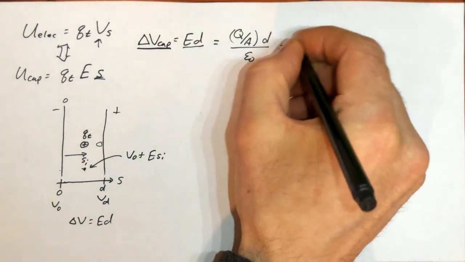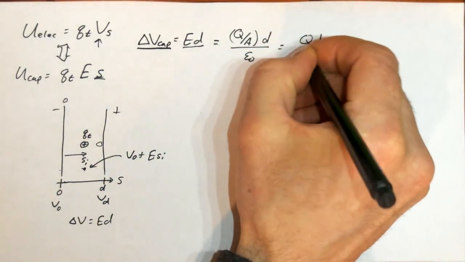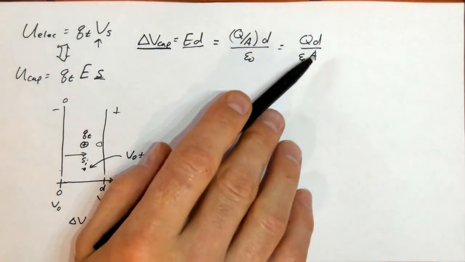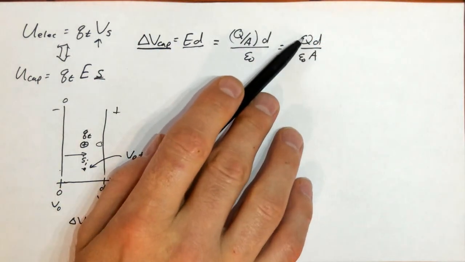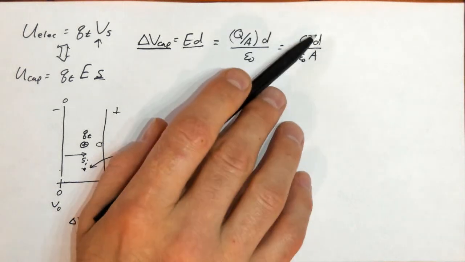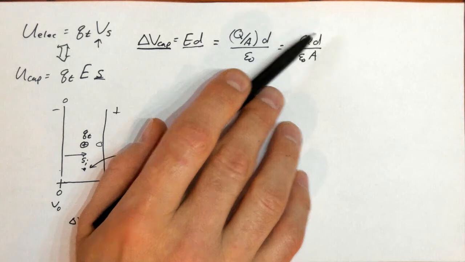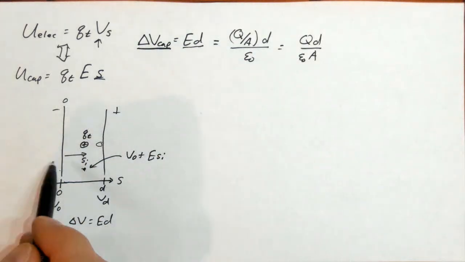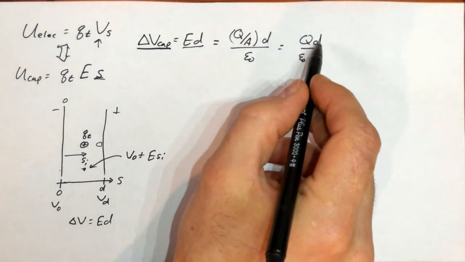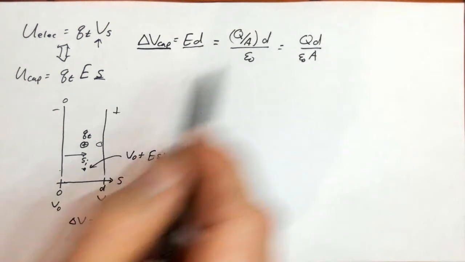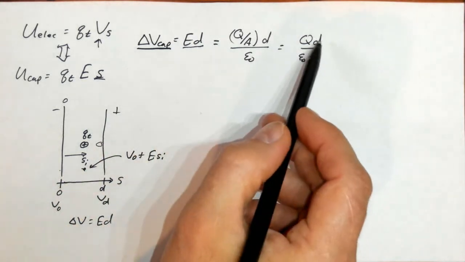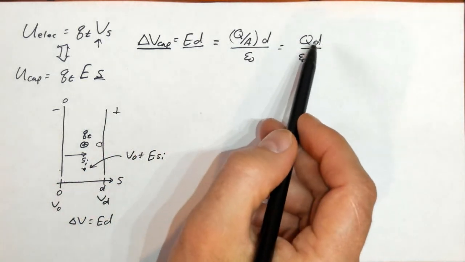We can simplify this to Q D over epsilon naught A. So the potential depends on the size of the charge in the capacitor, the area of the capacitor plates, and the gap between them. So potential changes based on the gap, which we saw and emphasized before. The electric field doesn't. The electric field is constant everywhere. It doesn't matter how big the gap is. But now the potential grows across the gap.